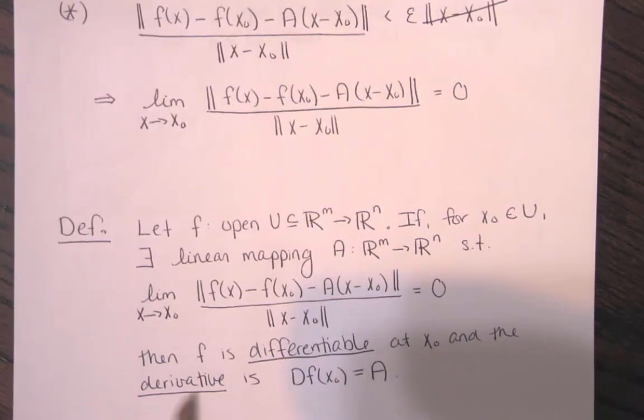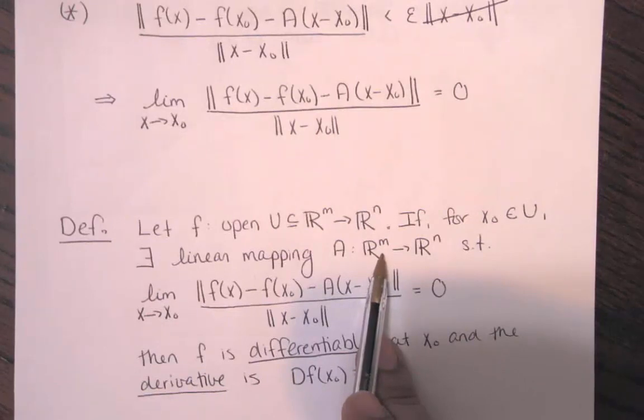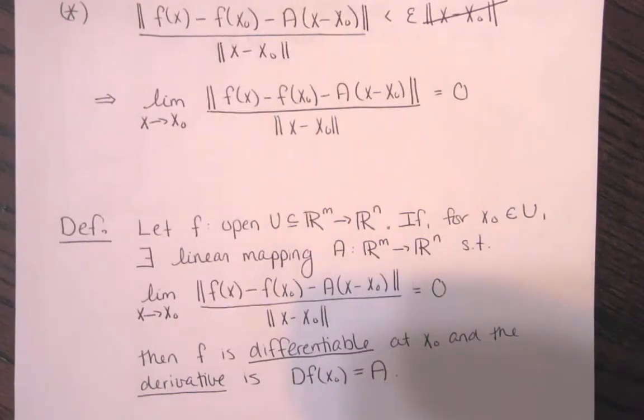And the derivative is written df. Instead of f prime, when we're in one dimension, we write df because we're generalizing to higher dimensions. And of course, we're evaluating at x naught. So this is how we express the derivative. And the derivative is specifically the linear map A, which, because we're mapping from R^m to R^n, can be thought of as a matrix.